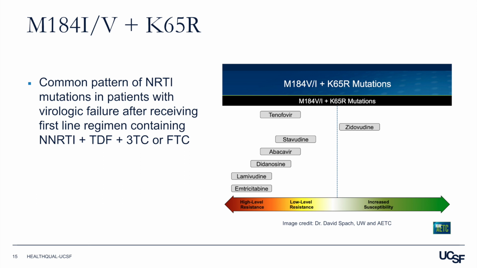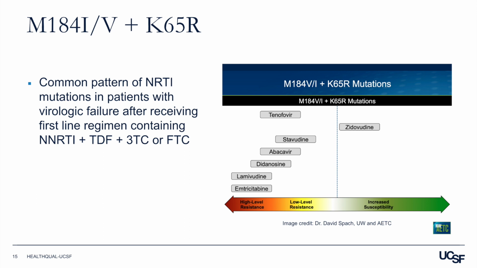On this figure on the right-hand side, in the middle is sort of wild-type HIV, and normally all of the NRTIs would be in the middle. They would all be susceptible. And then when you have these mutations, a lot of the NRTIs, we develop resistance to the NRTI.